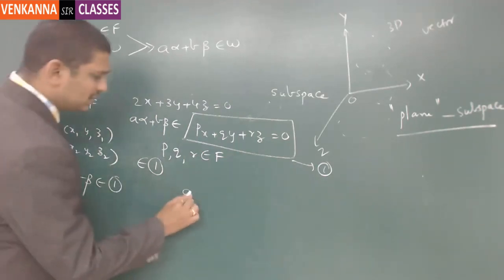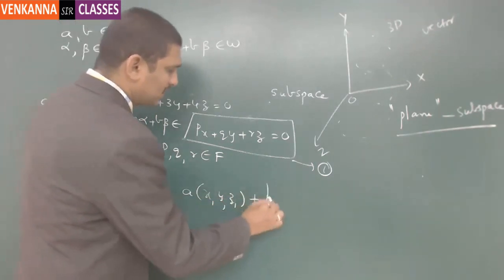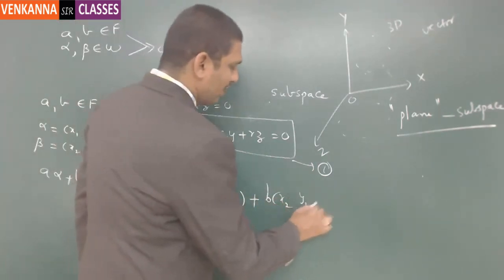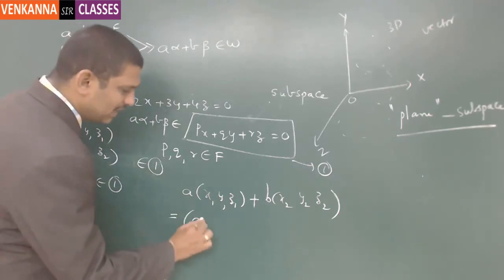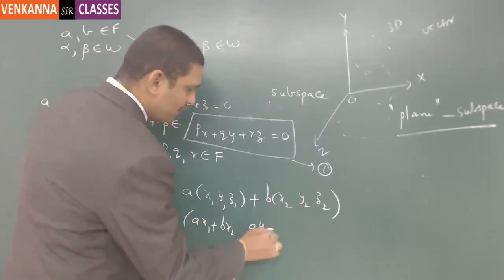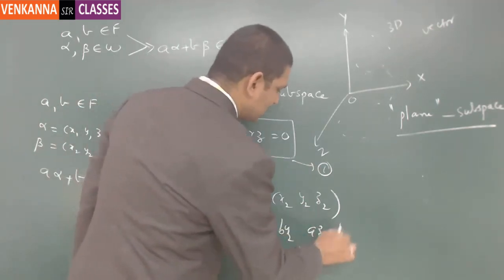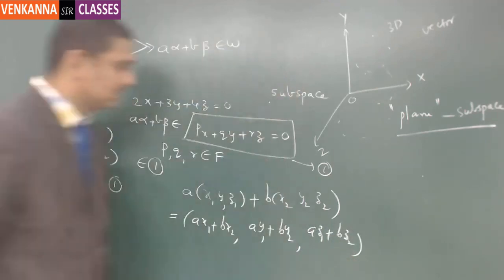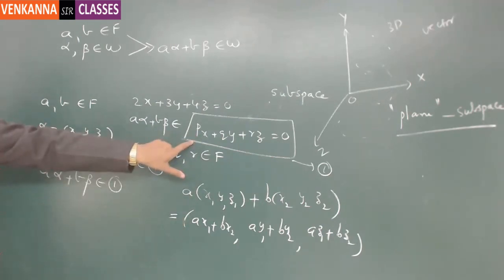It is nothing but A into x1, y1, z1 plus B into x2, y2, z2. A alpha plus B beta means this. So if you add them, it is nothing but ax1 plus bx2, ay1 plus by2, az1 plus bz2. This is a point. I have to show that this point satisfies the plane equation.